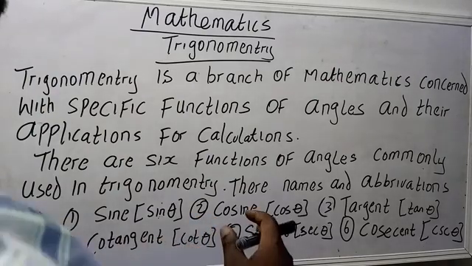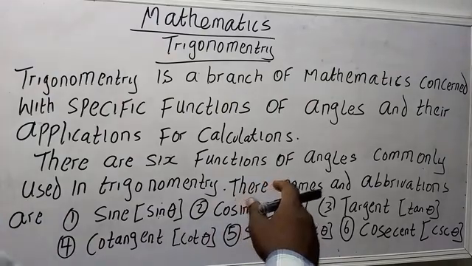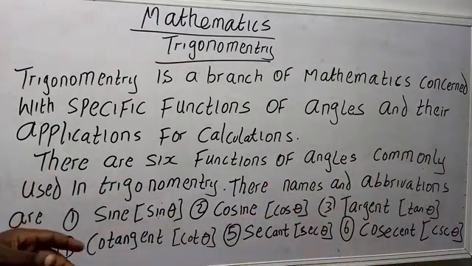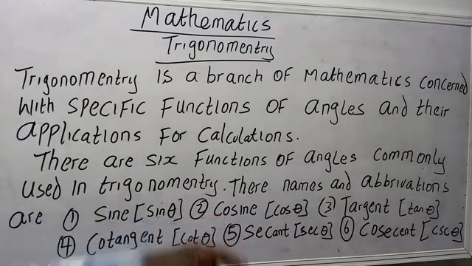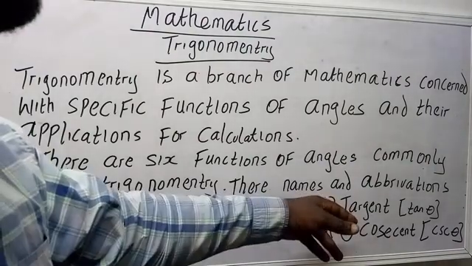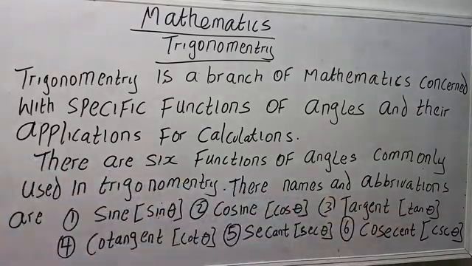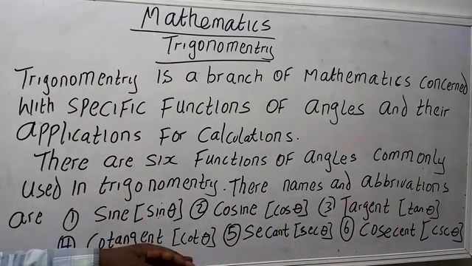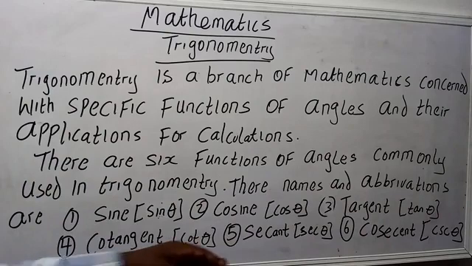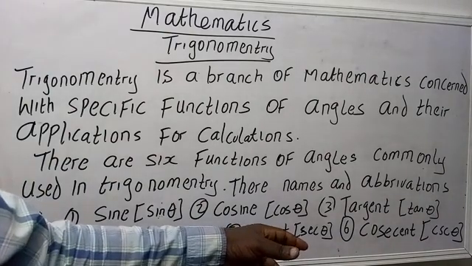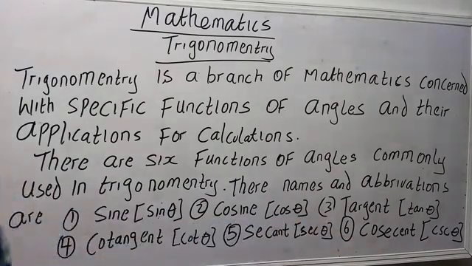Their names and abbreviations are: sine theta, cos theta, tangent, that is tan theta, cotangent, the abbreviation is cot, secant, which is sec theta, and cosecant, which is CSC theta.